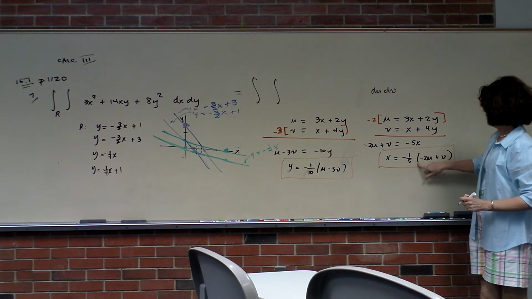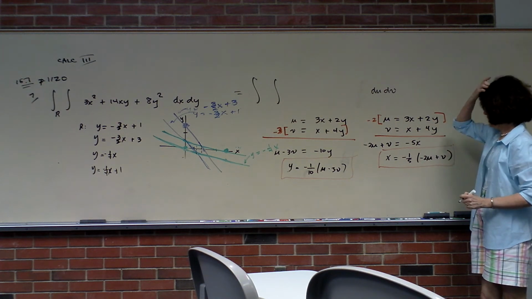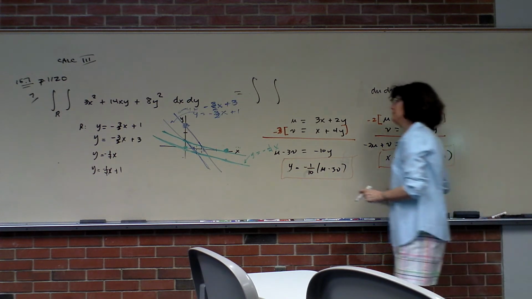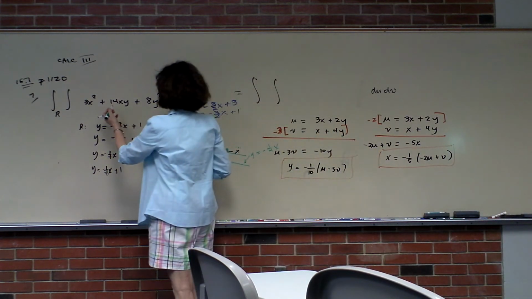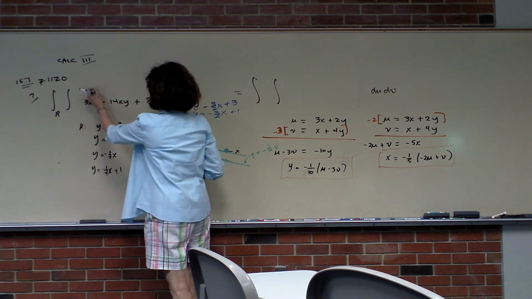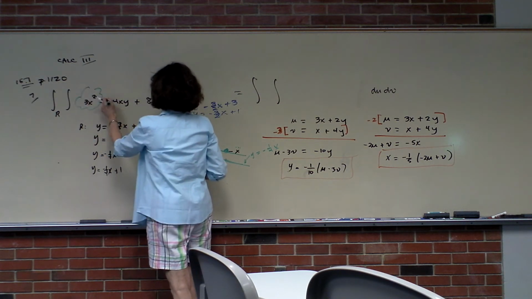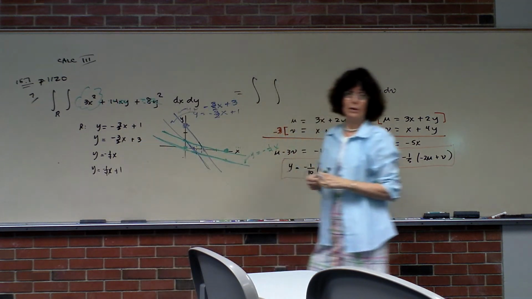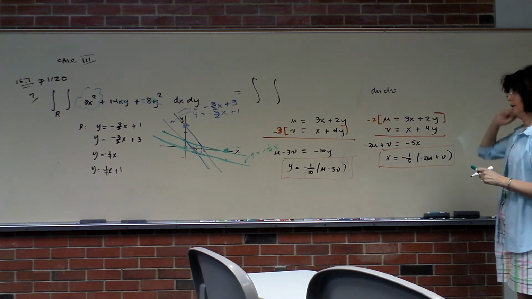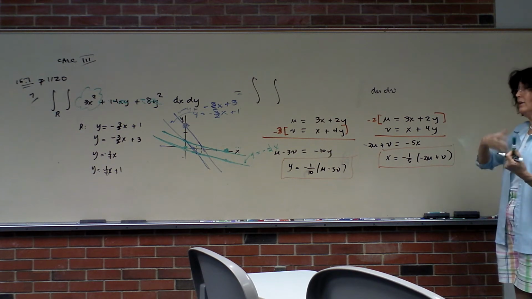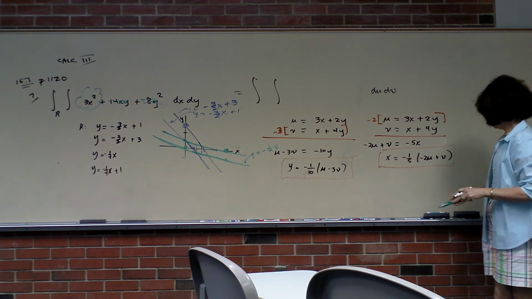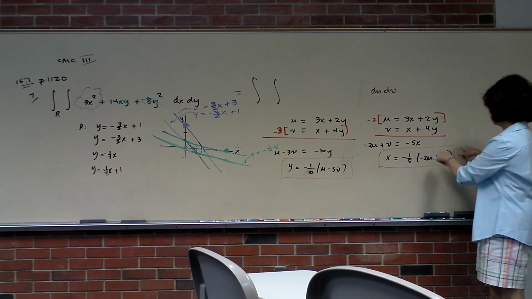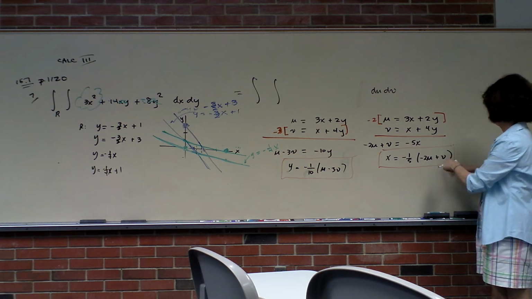So 3x squared. Since we're not going to integrate it, why don't we just take the first term? We're not going to integrate it anyway, because you know how to do that. So just to show you how to take your integrand and transform it into u and v, take your 3x squared and rewrite it in terms of u and v.